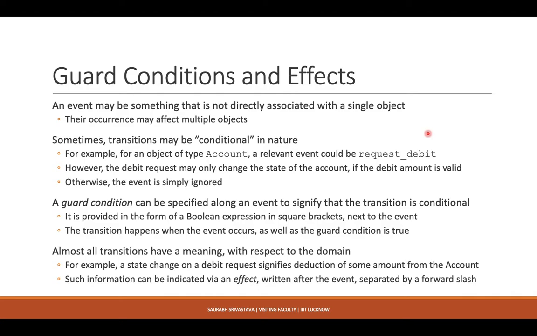It is a description of the transition that just happened. So if you also want to write about what effect this transition has on the system, you can provide that by putting a forward slash after your event and, if it is supplied, the guard condition, followed by a slash, something like this.